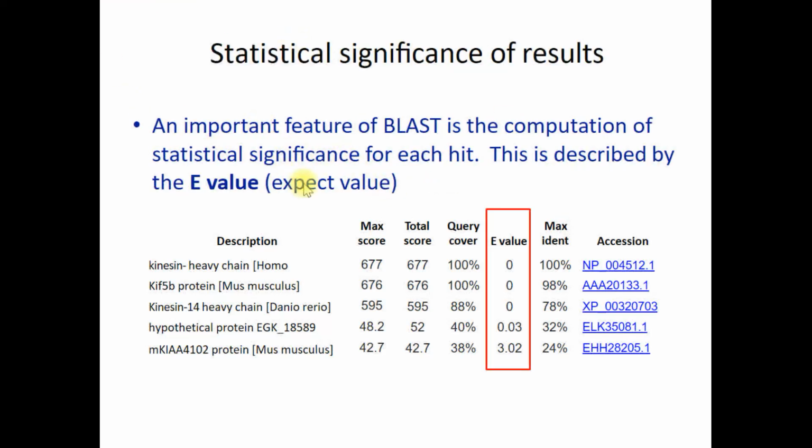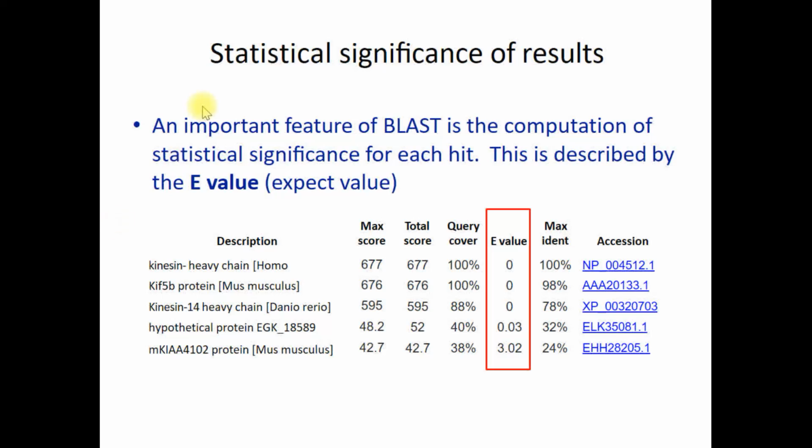It's an important feature of BLAST, and it computes the statistical significance for each hit. Because of the large data volume, it's very critical to provide measurements or statistics for the statistical significance of a given hit.